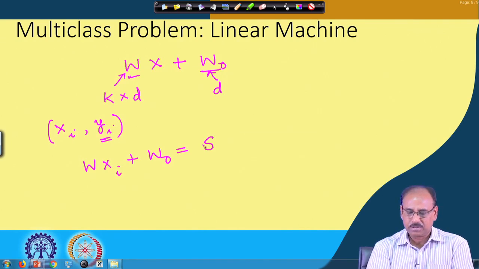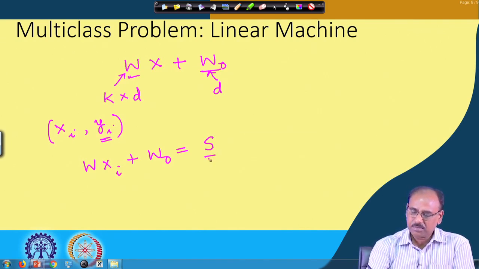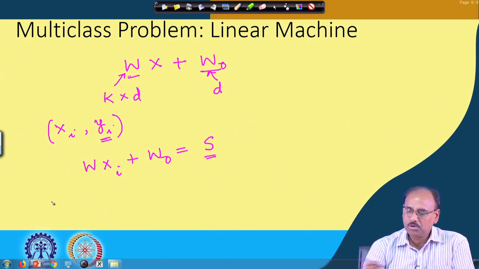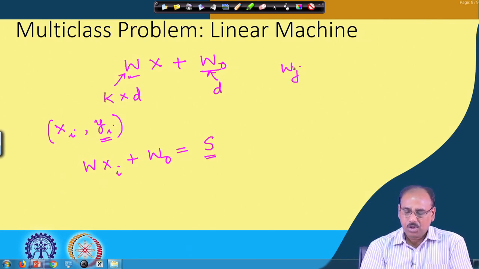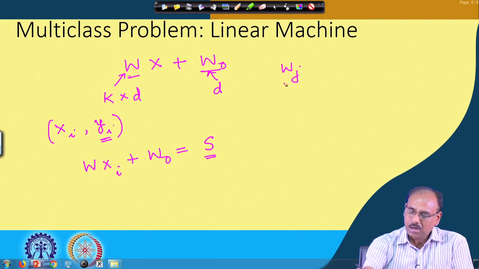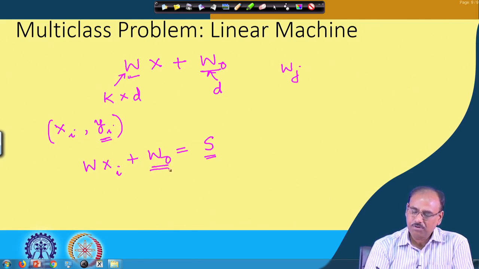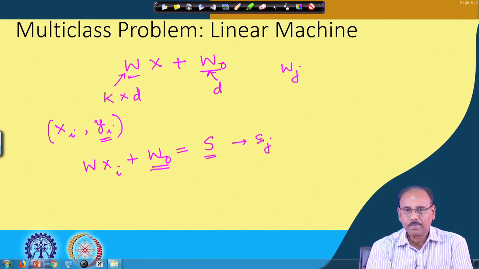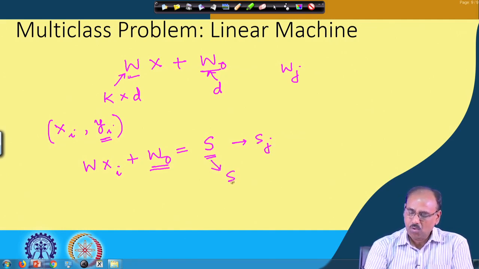Let me call that column vector S. So, what does this column vector give? Here you are multiplying x i with every row of W. So, if I take the jth row of W to be W j, you take the dot product of x i with the jth vector in this matrix W, and add to that the jth component of your bias vector W naught to give the jth component of S, or S j. So, we call this S a score function.